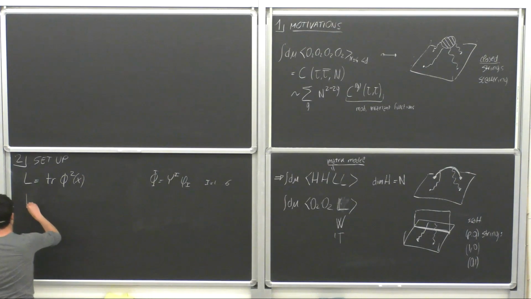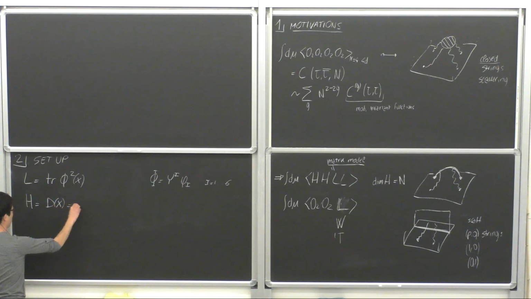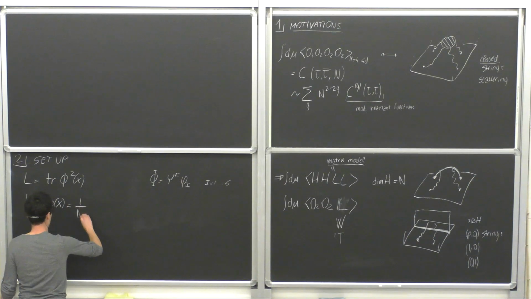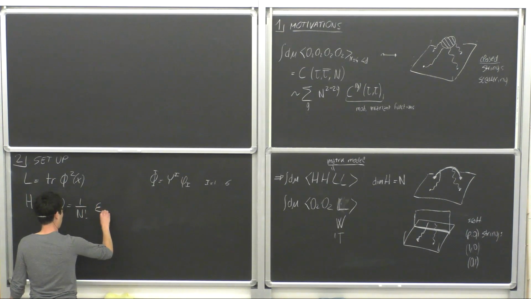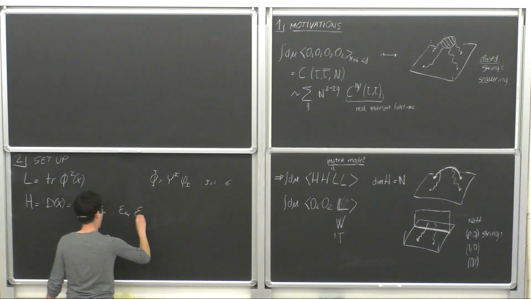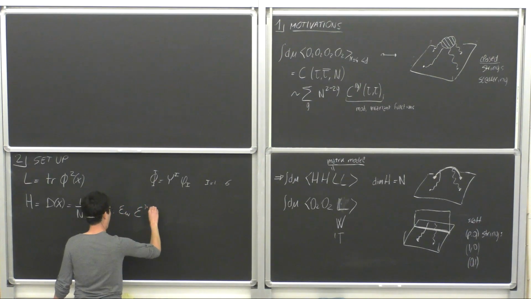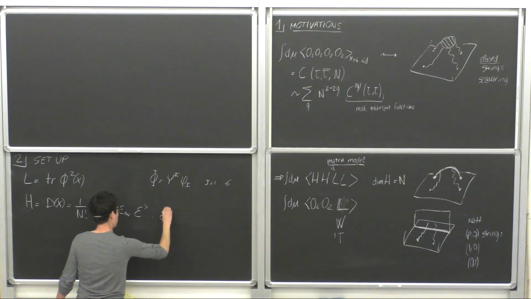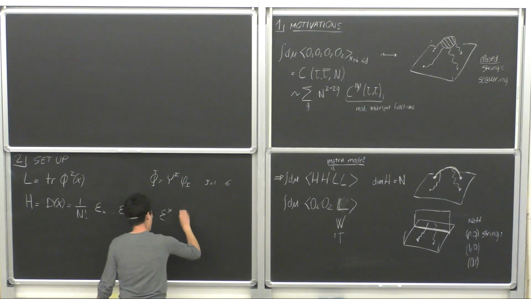On the other hand, we consider a very special heavy operator, which is defined as D of x, written in this way: 1 over n factorial, epsilon with indices i1 to in, epsilon with indices j1 to jn, phi.